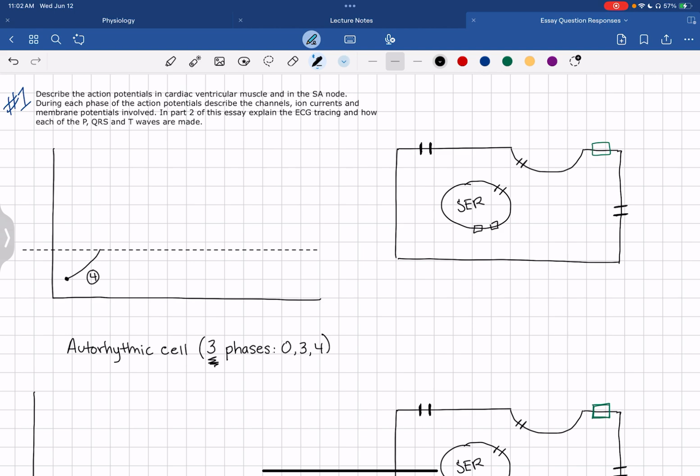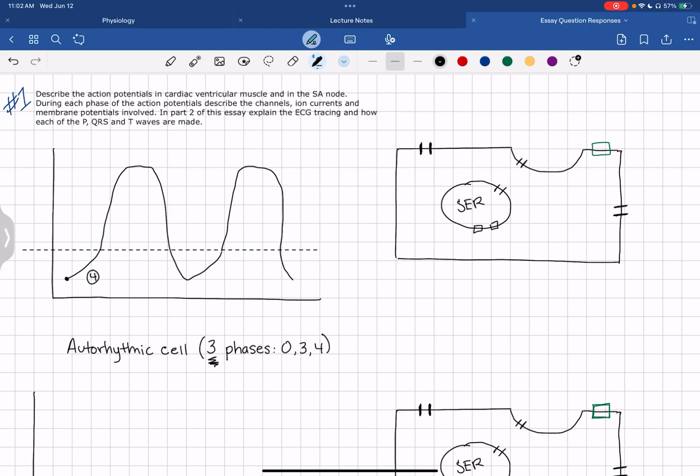And we're going to have this gentle uptick here, and then we're going to have this spike, and then we're going to have this slowly decreasing down to where we started, and then we'll repeat the slow uptick to threshold, the spike, slowly decreasing down to where we start again. So now let's talk about what each of these phases are.